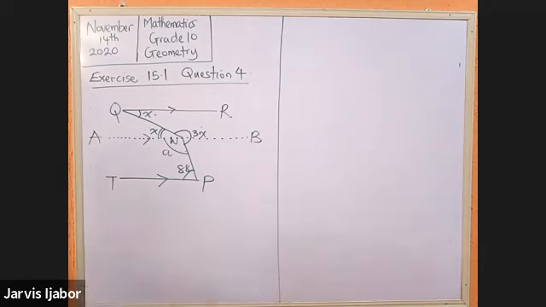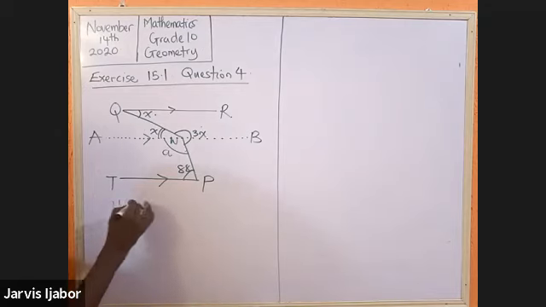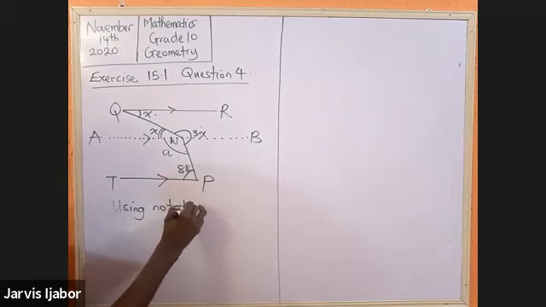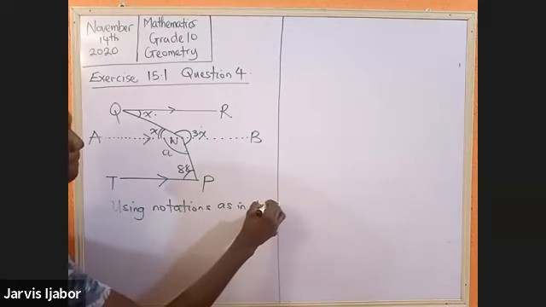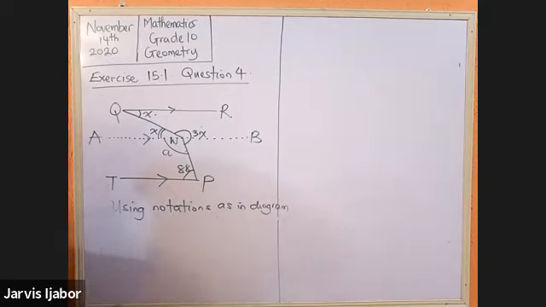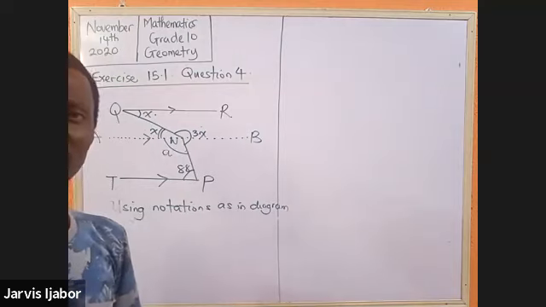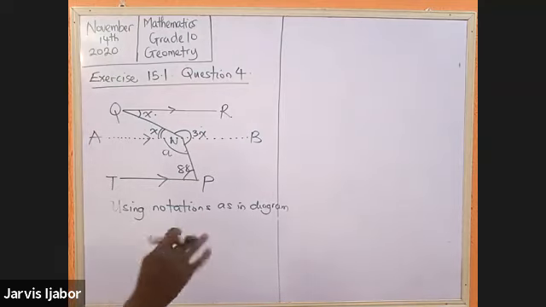All right. So what we'll need to do now is this. We'll start by using notations as in diagram. Now, one of the good things about using notations as in diagram is that I don't need to write so much.